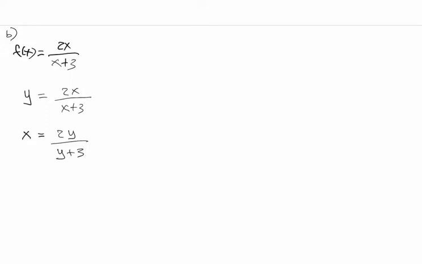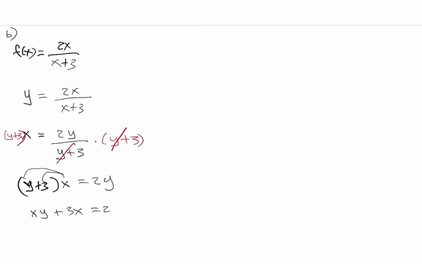So first, we multiply both sides by y plus 3. These cancel out, so let me write it. We have y plus 3 times x equals 2y. And here we're going to distribute x. So xy plus 3x equals 2y.